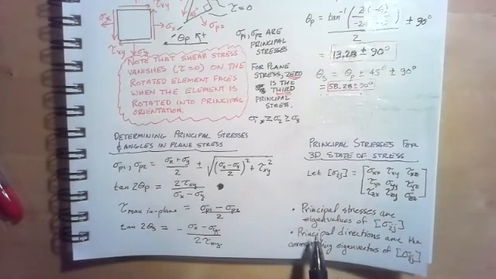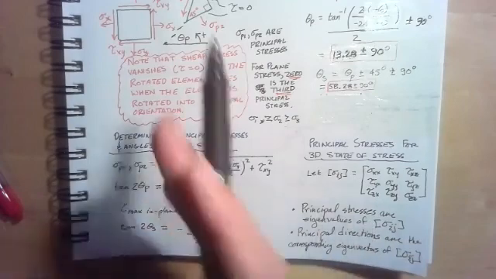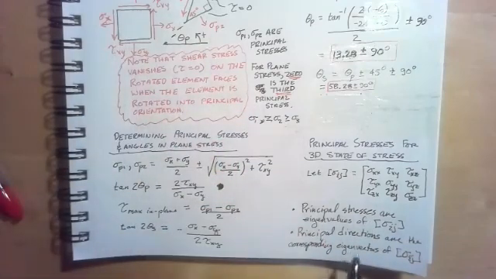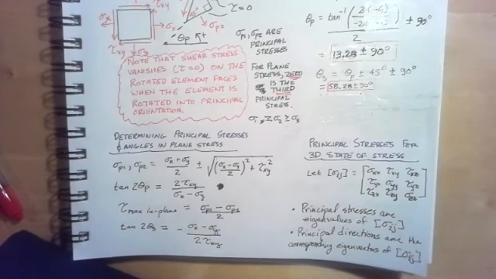And if we want the principal directions, the orientation of these faces where the shear stresses vanish, we would get those relative to the original coordinates by just taking the eigenvectors of this matrix. So it's a linear algebra problem of great importance to solid mechanics.